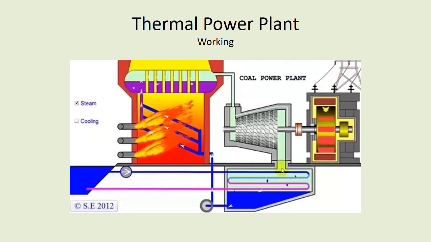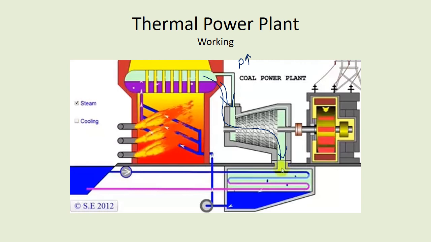One of the important functions is this: I have already told you that the steam is at very high pressure. If the steam needs to flow from here and go to the condenser, we also always know that air flows naturally from higher pressure to lower pressure.